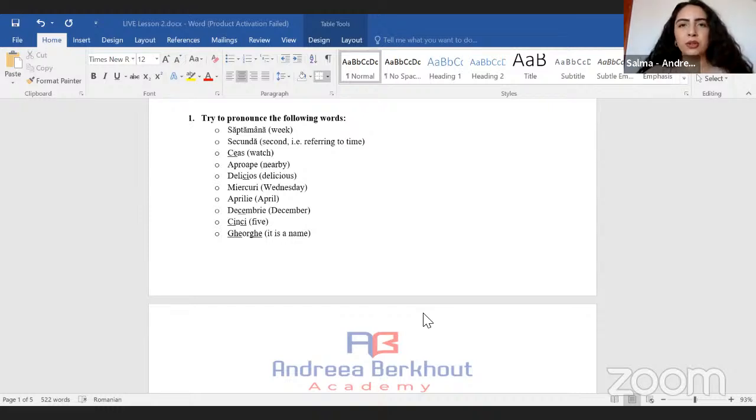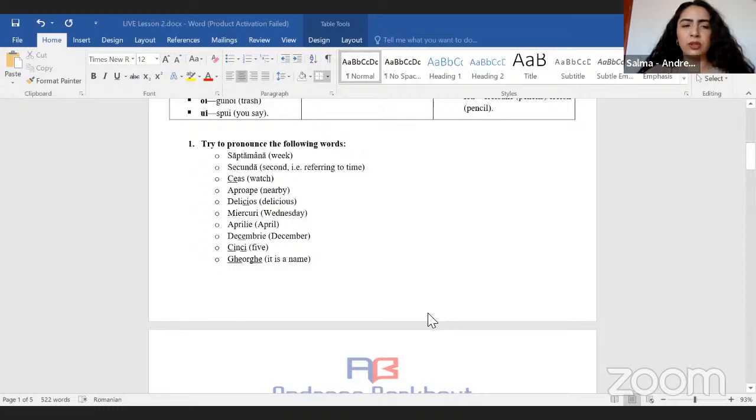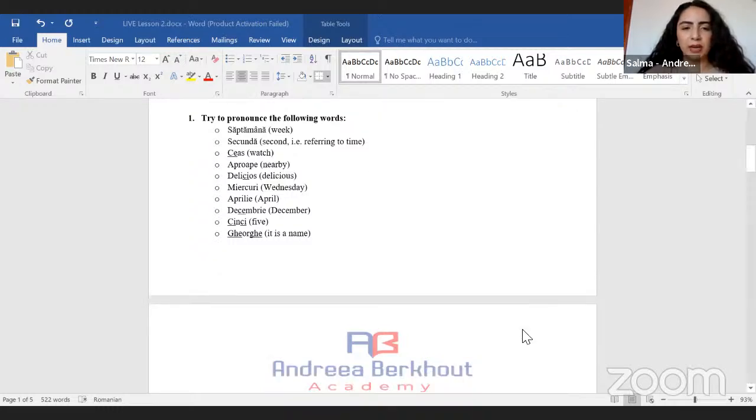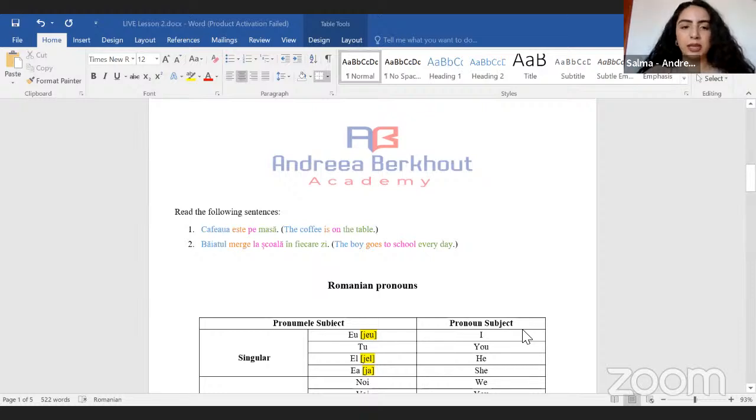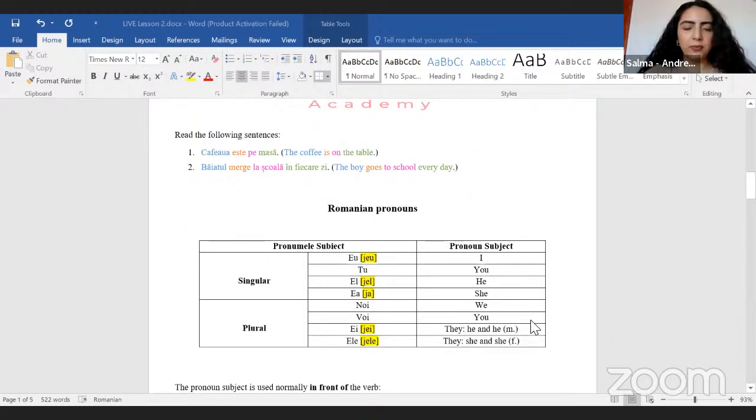Because once you start learning a language, it's very important to correct your pronunciation as you go. Because if you learn the incorrect way of pronouncing words, it will be much harder to correct it further on, when you start learning the grammar or other aspects, than it is now at the beginning when you are learning.